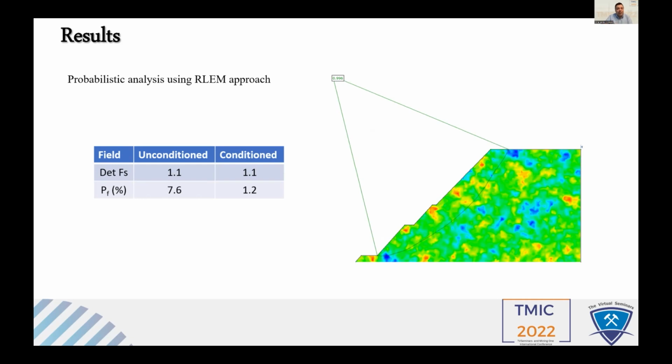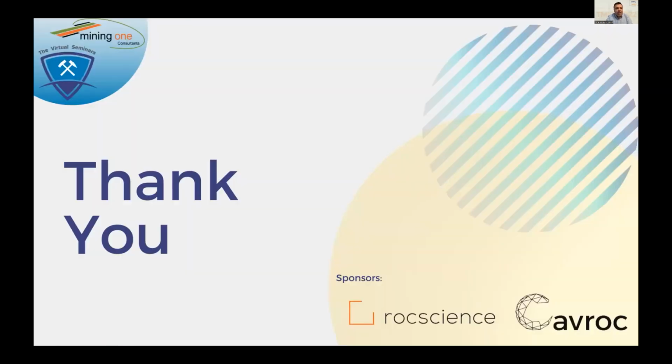And if you don't assume spatial variability in general for this field, you are going to get a way higher probability of failure. So these values are with spatial variability, unconditioned and conditioned. And you can see the conditional field reduces the level of uncertainty, meaning that it reduces the probability of failure. So that's about our presentation.